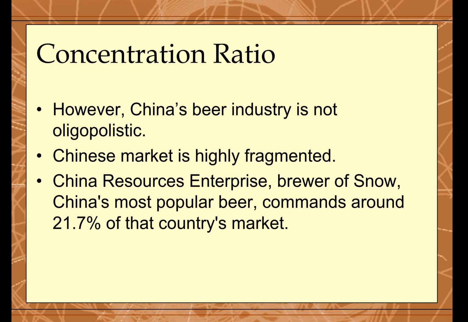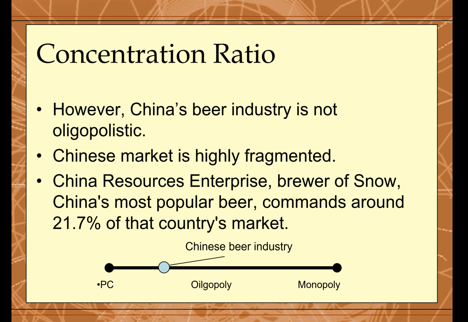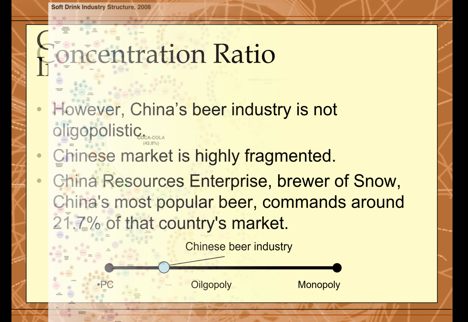And China Resource Enterprise has about 21.7, roughly 22% market share. That's the biggest one. So I'd place China's market structure, their industry, right about there, closer to perfect competition than the US beer market. So I wouldn't say they're oligopolistic.